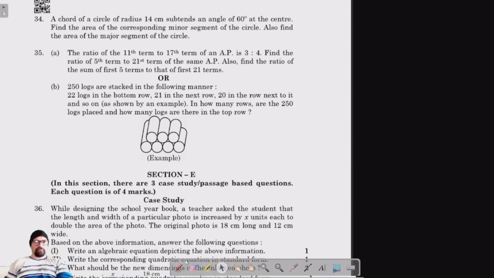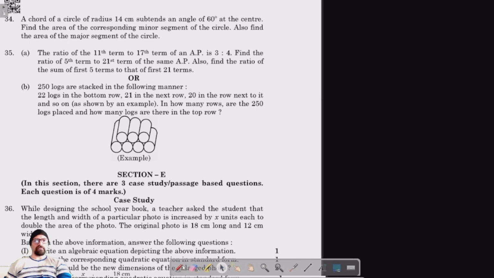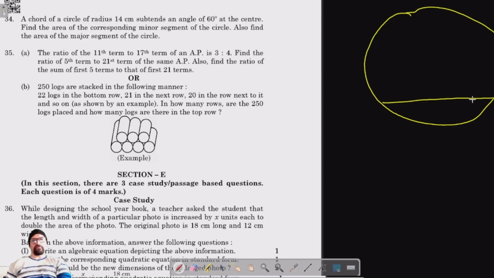For question number 34, it's given that a chord of a circle of radius 14 centimeters subtends an angle of 60 degree at the center. So let's say it's the circle and there's a chord which subtends an angle of 60 degree at the center. This is the center of the circle, which is O, and angle is 60 degree.